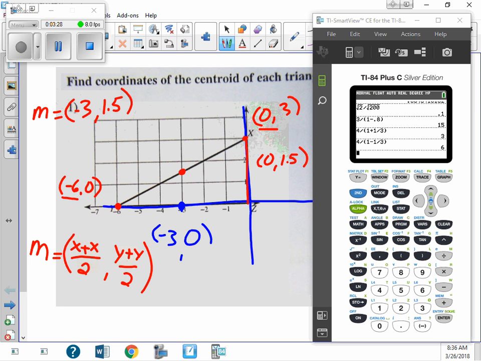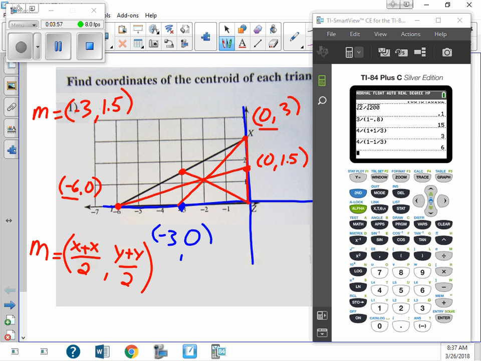Now, we're going to connect all of my medians. See how good of an artist I am. How do we find the centroid? How do we calculate the centroid?